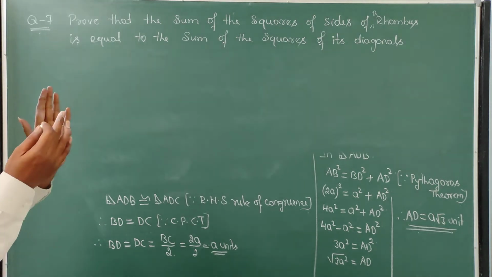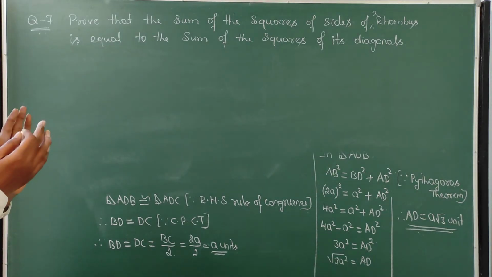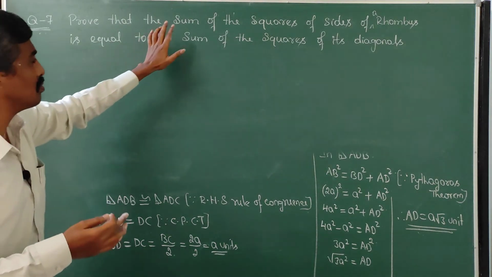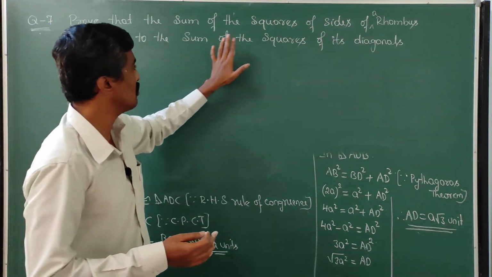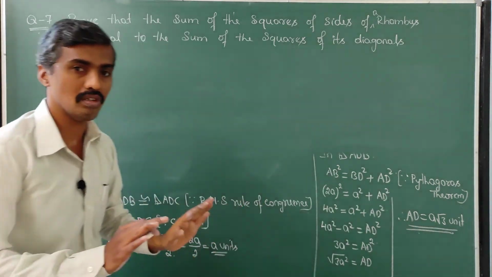They are clearly telling that the sum of the squares of sides of a rhombus is equal to the sum of the squares of its diagonals. That we have to prove.